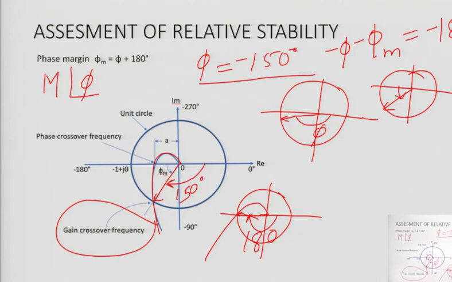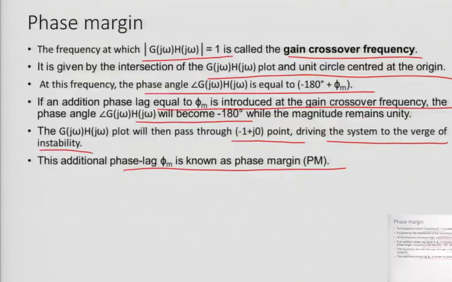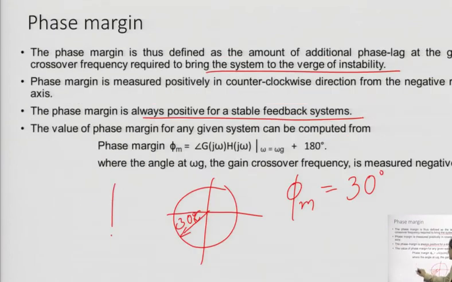Now, for example, how are we writing phase margin? Phase margin is equal to the value of the phase angle at the gain crossover frequency plus 180 degrees. For example, this is written as 150 degrees, that means minus 150 degrees.